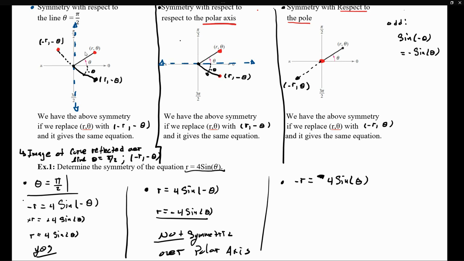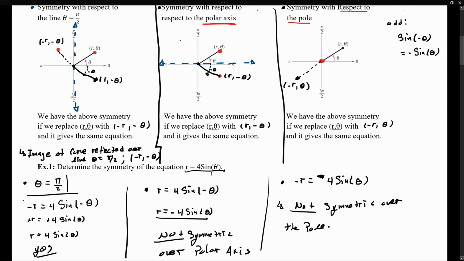And now notice that there's nothing else that we can do to this equation. And now this equation is definitely not the same as the original. So therefore, our conclusion is that it is not symmetric over the pole.